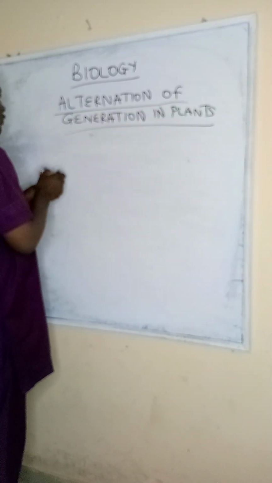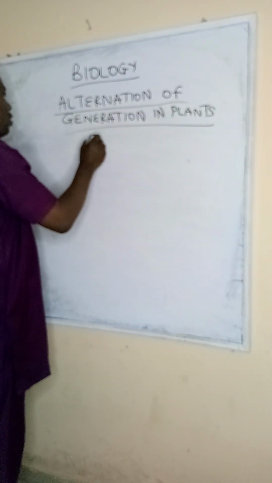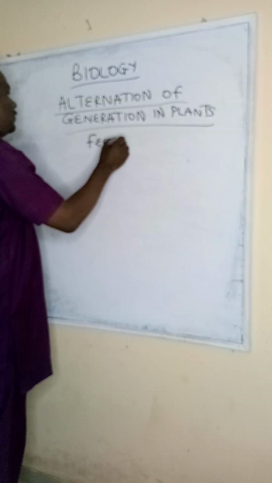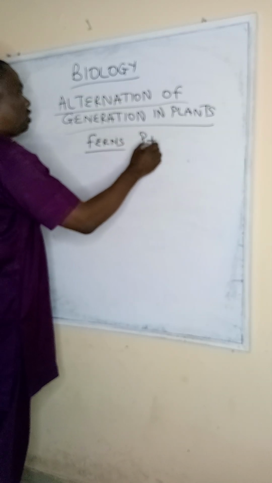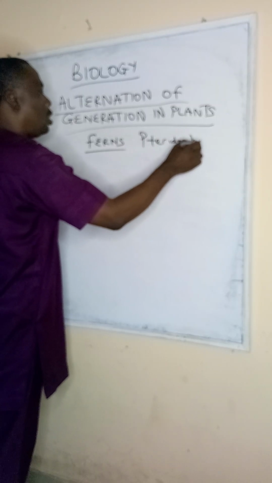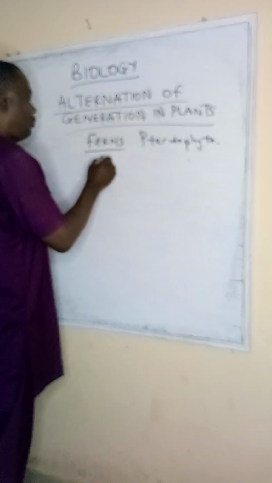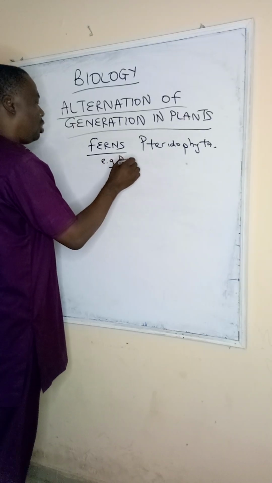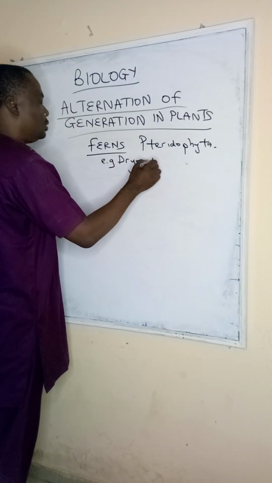Now we move to the ferns. Ferns belong to a group called Pteridophyta, and an example is Gyropteris.